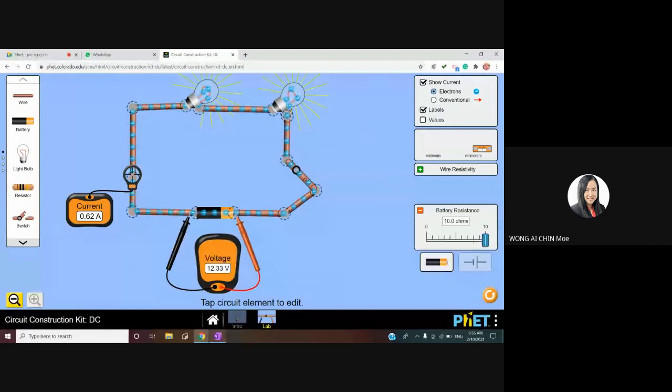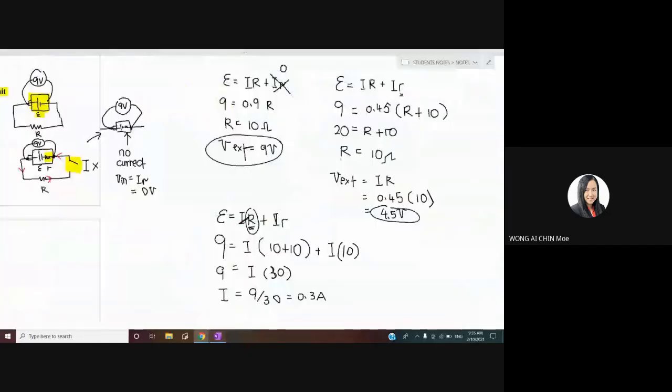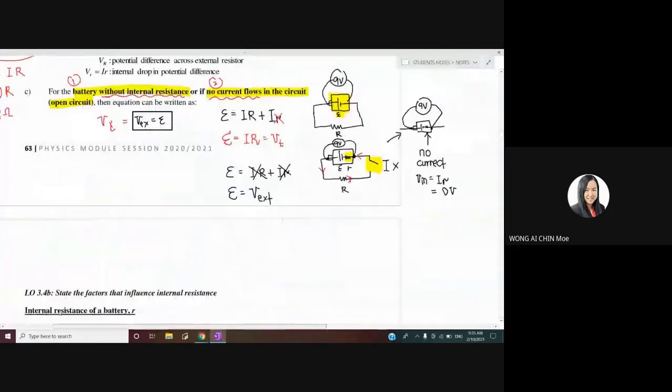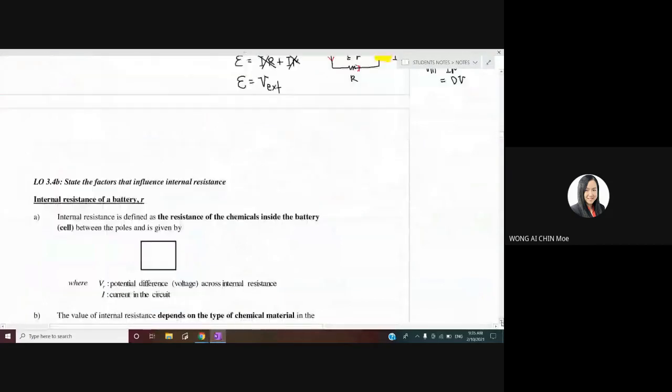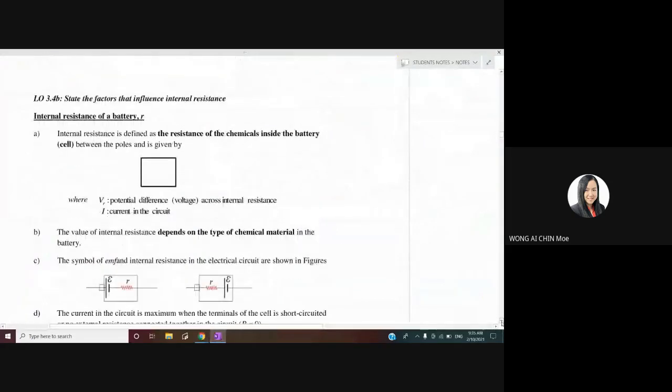We will continue with our 3.4, internal resistor, page 64. State the factor that influences the internal resistor. Internal resistor is defined as the resistance of the chemicals inside the battery, between the poles, and is given by, V internal equals to IR.